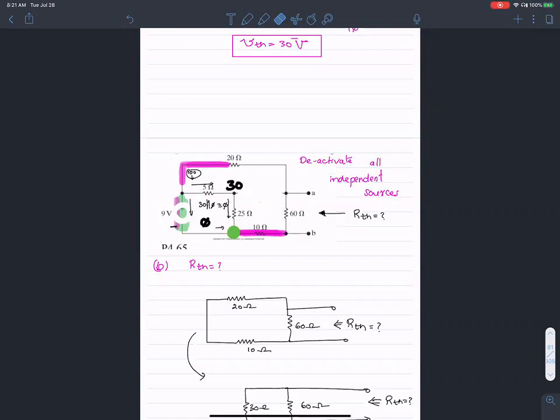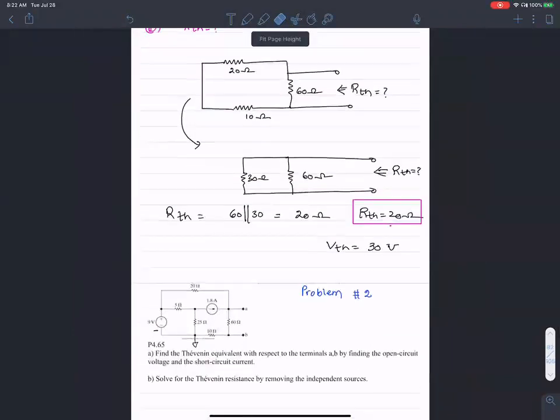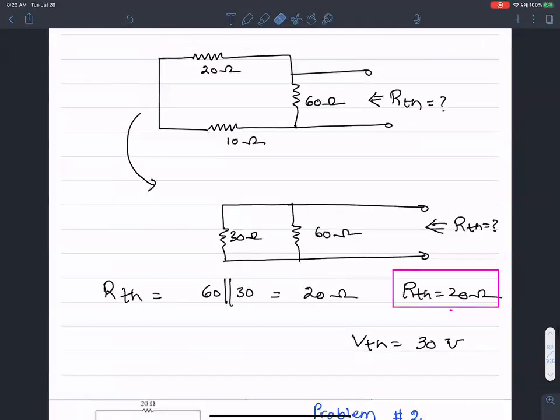All right, let's continue there. Now, once we do that, I have a value of R Thevenin and also V Thevenin.